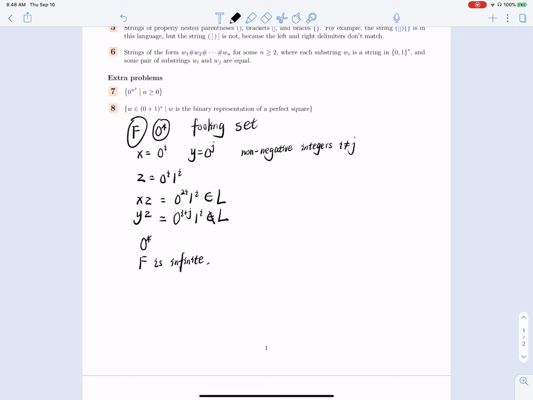So this L cannot be regular. You can write that F is a fooling set for L. So now the proof is done.